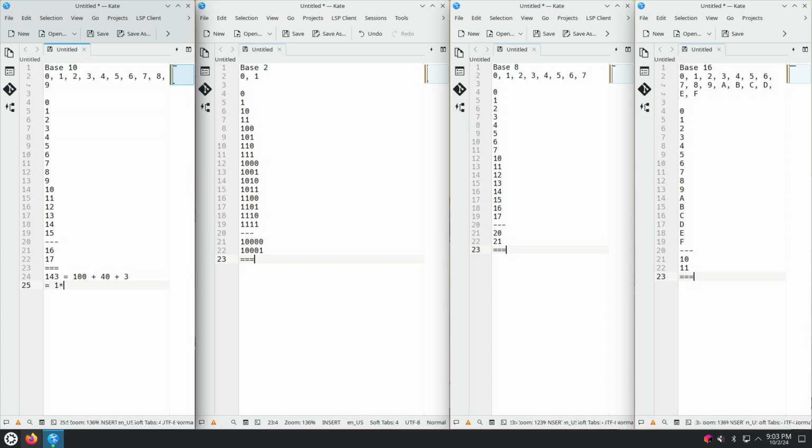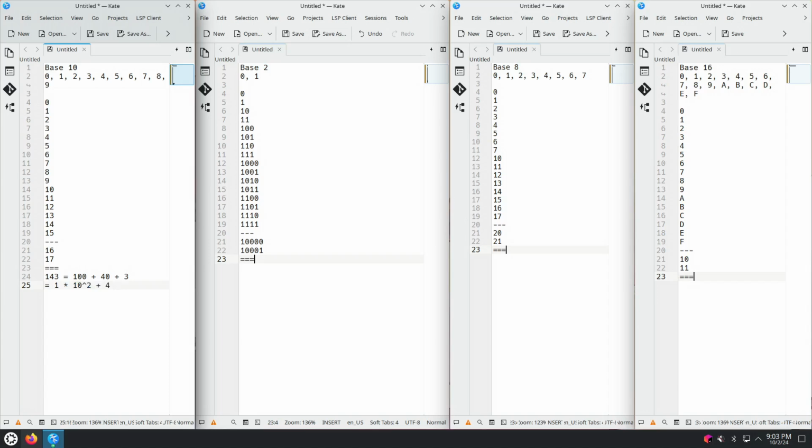So that's, again, 1 multiplied by 10 at the power of 2, because it's on the third position. So first position, second position, third position. Third position gets multiplied with 10 at the power of 2. 10 at the power of 2 is 10 times 10, which is 100.